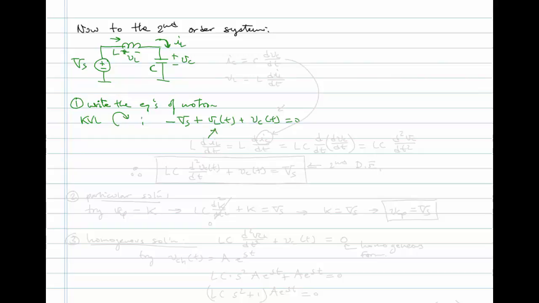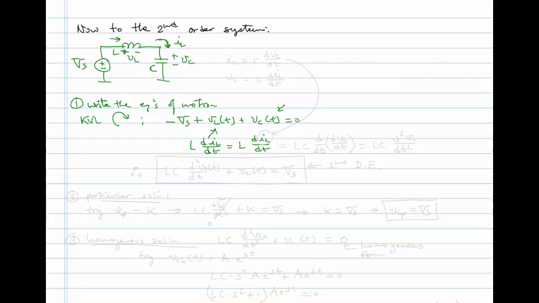VL for an inductor is equal to L dIL dt, okay, and let's say that I want to express the equation of motion in terms of Vc. So I'm going to leave Vc here, and I want to express this first term ultimately in terms of Vc. So I've got it in terms of IL, but I also note that this is equal to L dIc dt, because it's the same current.